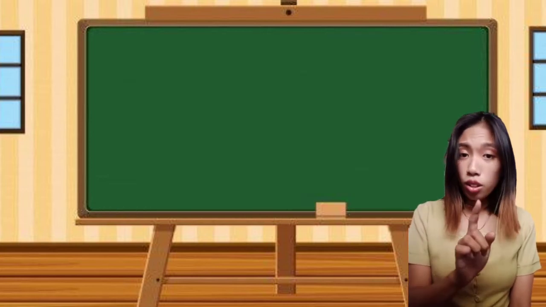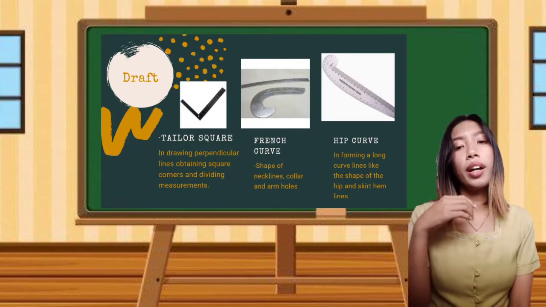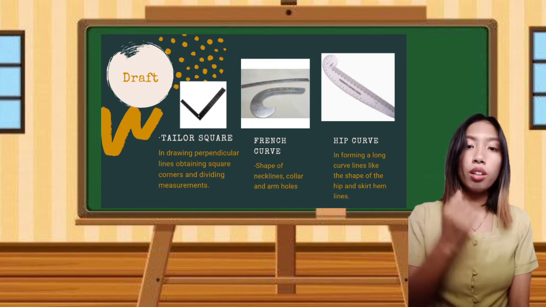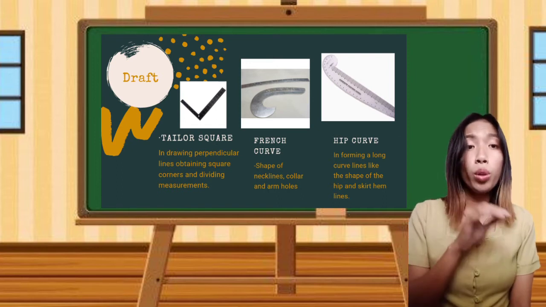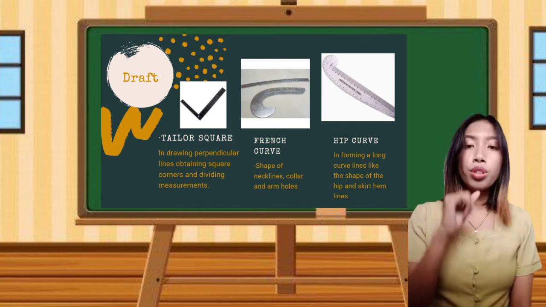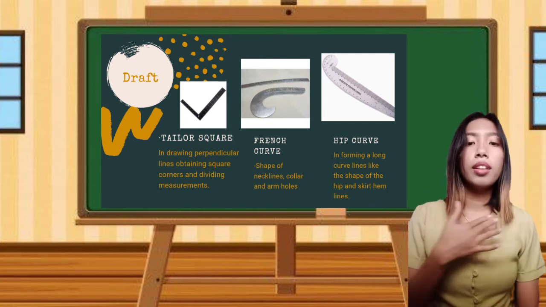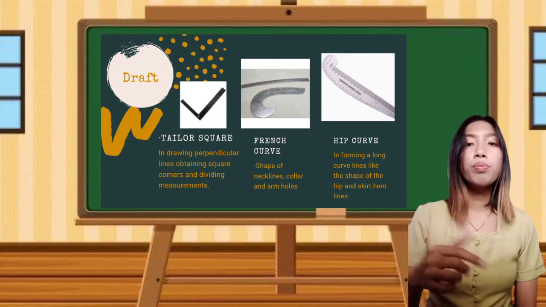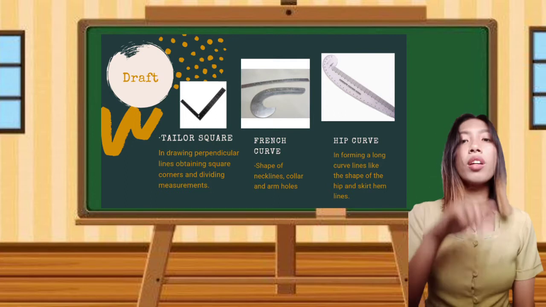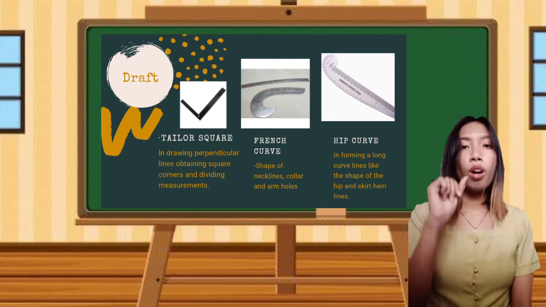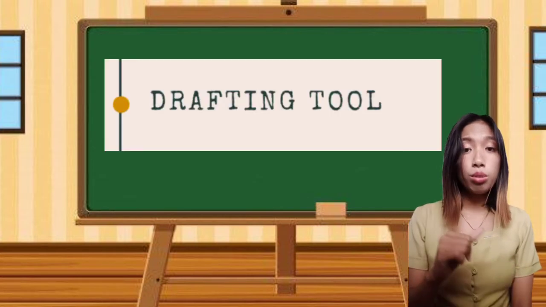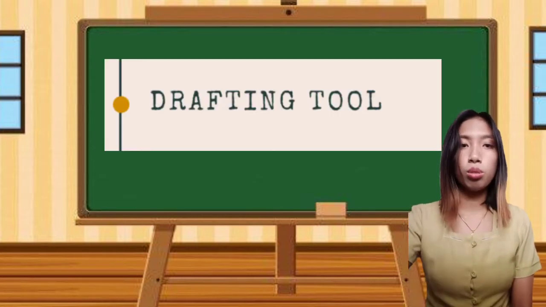The tailor square is used in drawing perpendicular lines, obtaining square corners, and dividing measurements. The French curve is used to shape the necklines, collar, and armhole. The hip curve is used in forming long curves in lines like the shape of the hip and skirt lines. How do we classify those tools again? They're drafting tools.